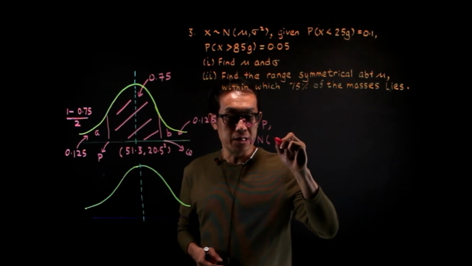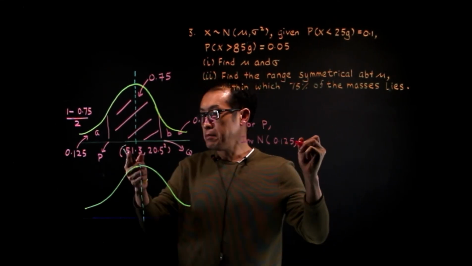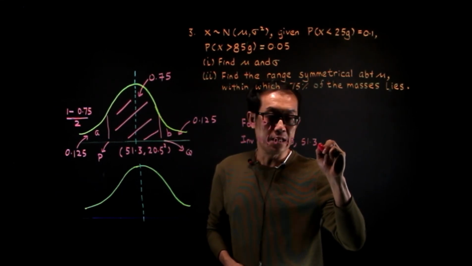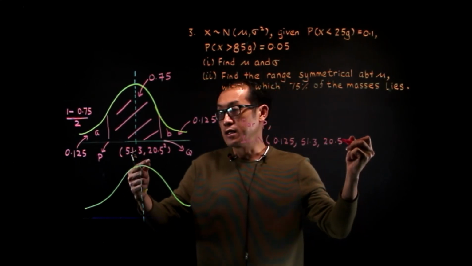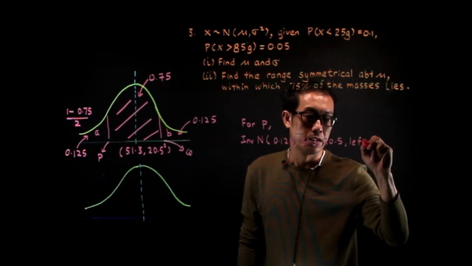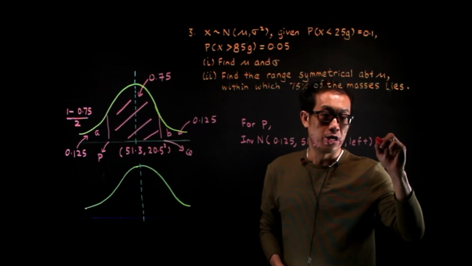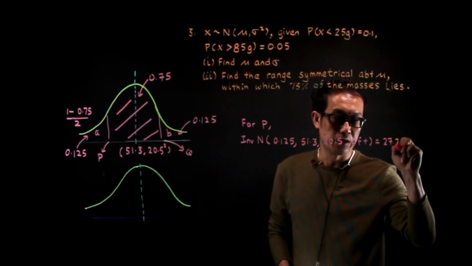Now the area is 0.125, mean is 51.3, standard deviation is 20.5, and the area is on the left hand side of the curve. And you will get the answer of 27.71.